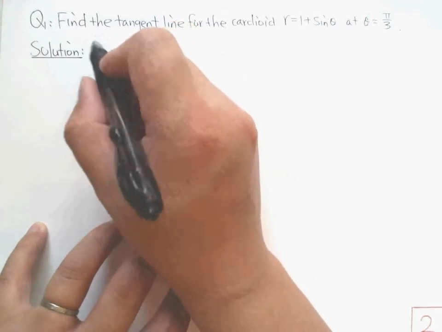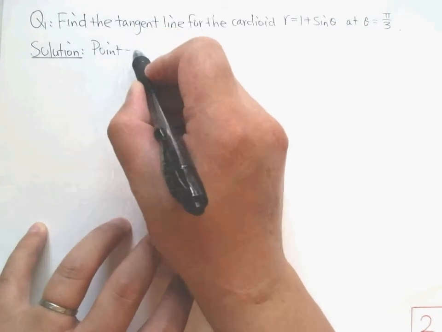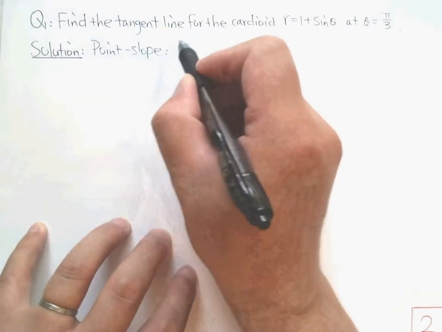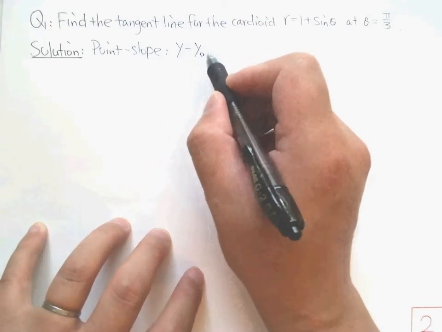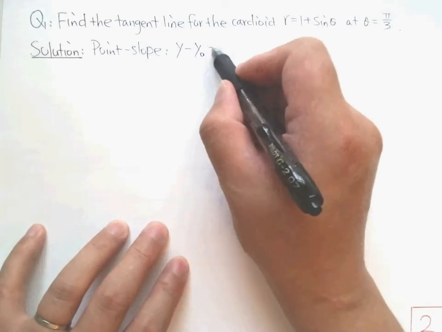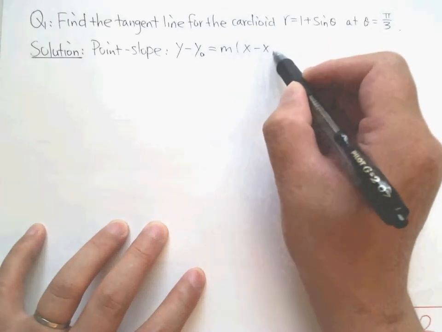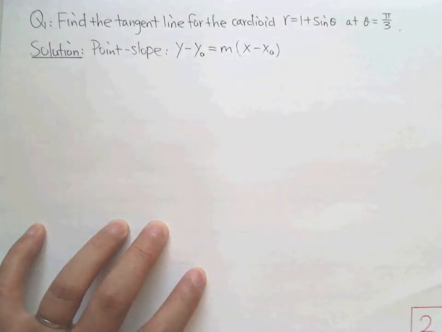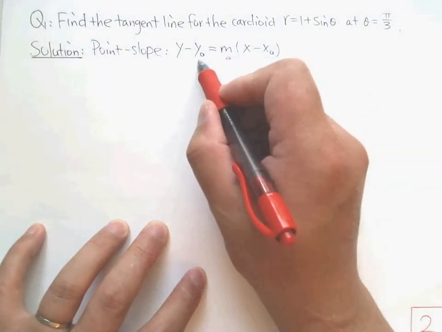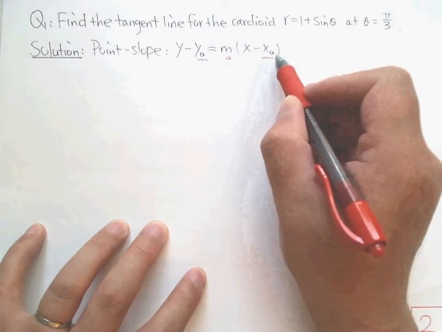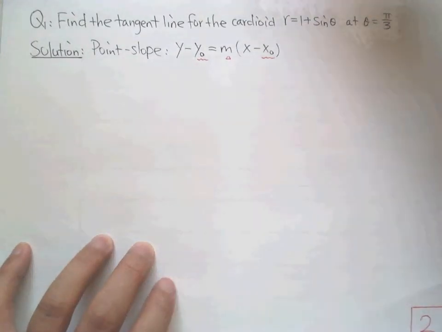All we need is the point-slope formula, which is y minus y0, in rectangular form, equals the slope m times x minus x0. All we need to do is find the slope, which is the formula we just gave, and find the point x0, y0, at theta equal to that. Wait, I'll zoom in so you can see it clearly.